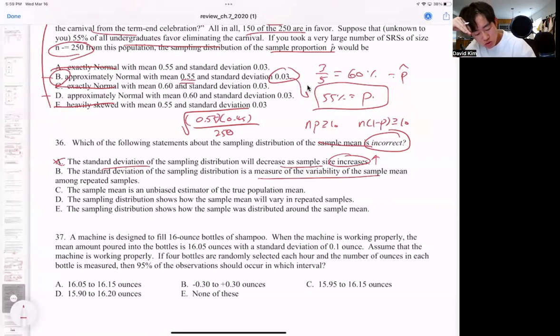The sampling distribution shows how the sample mean will vary in repeated samples. With these two, the sampling distribution shows how the sample mean will vary in repeated samples, and the sampling distribution shows how the sample was distributed around the sample mean. Okay, so the reason why E is the one that's incorrect between these two is because when you read this carefully, the sampling distribution shows how the sample mean will vary in repeated samples.